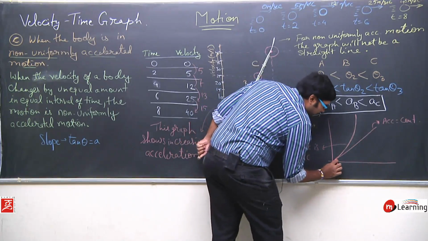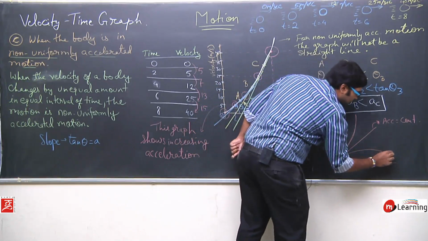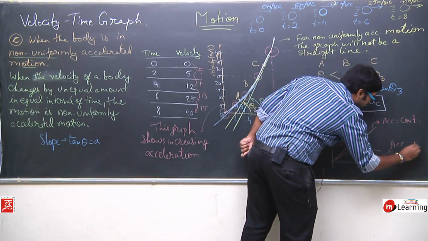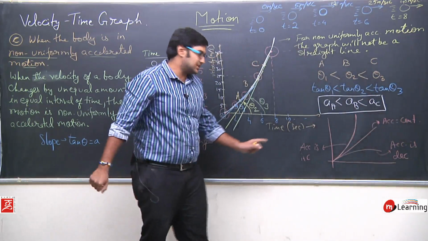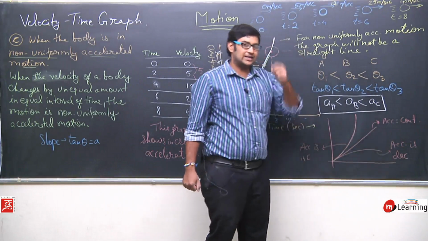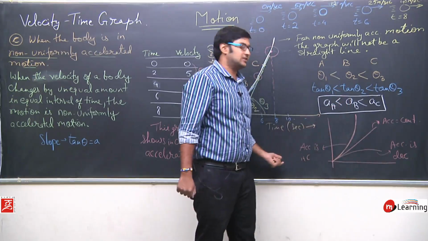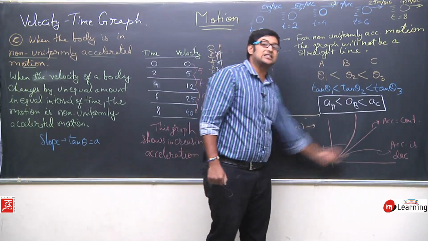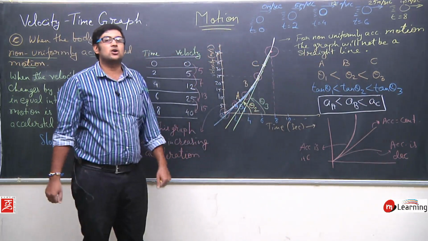And what will a decreasing acceleration show? Like this. So this type of curve will show acceleration is decreasing. This kind of velocity time graph will show that acceleration is decreasing. This kind of velocity time graph will show acceleration is increasing, and if it's a straight line, it will simply show you that acceleration is constant.